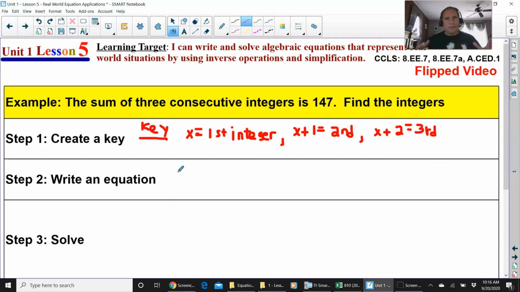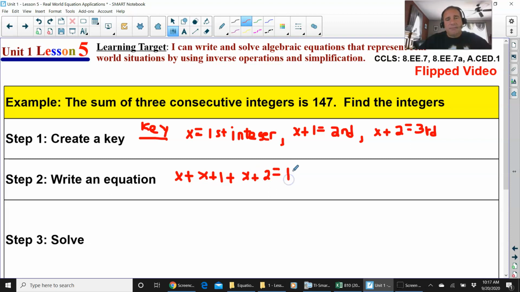So we're going to write an equation. We are adding all of these up. So we're going to put x down, and everybody can follow what I'm doing, plus x plus 1 plus x plus 2. What does it say that it equals? 147.